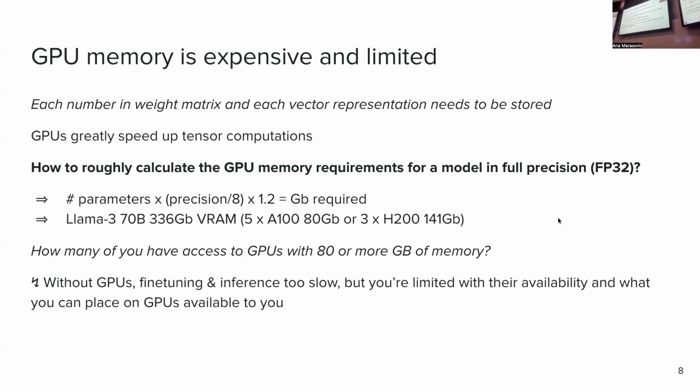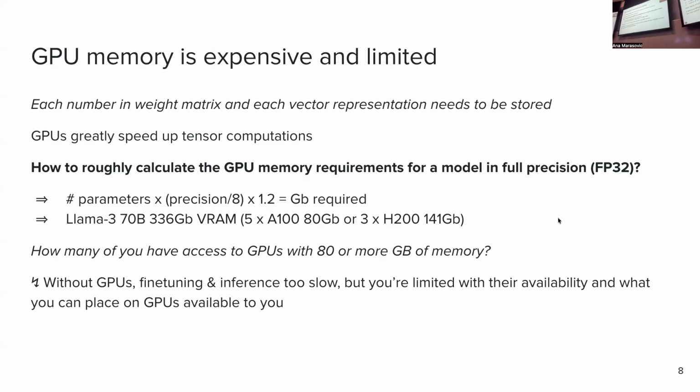And we are not working with any kind of memory, but with VRAM, with the GPU. And we are working with GPUs because these graphical processing units have been shown at some point to be great for tensor computations. And tensor computations, which are the core of our models, are much faster on GPUs than they are on CPUs.